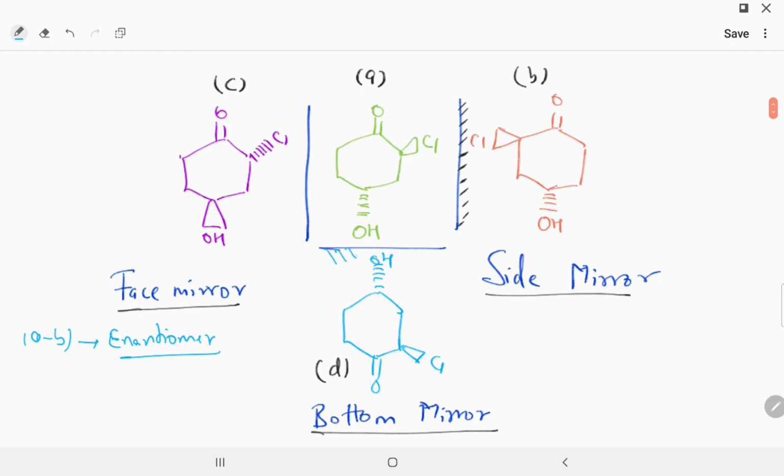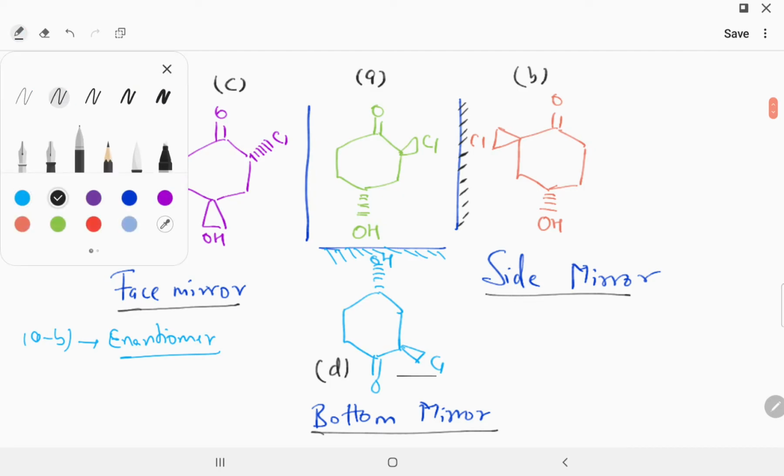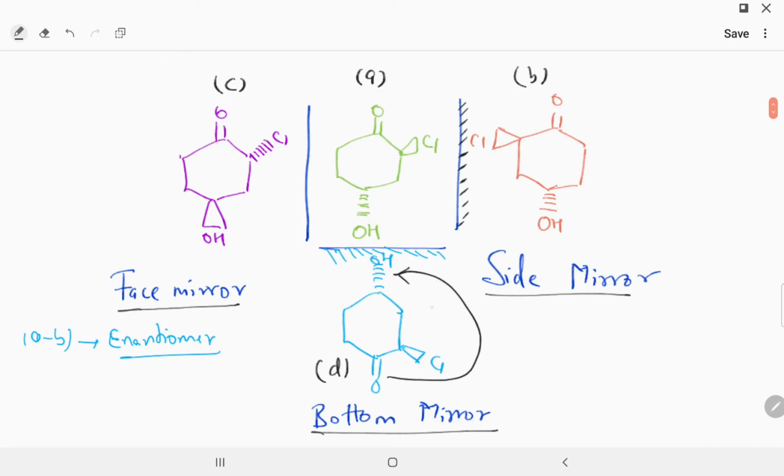Now you are able to see that if D is rotated 180 degrees, on a 180 degree rotation we can say directly there is no change in configuration.